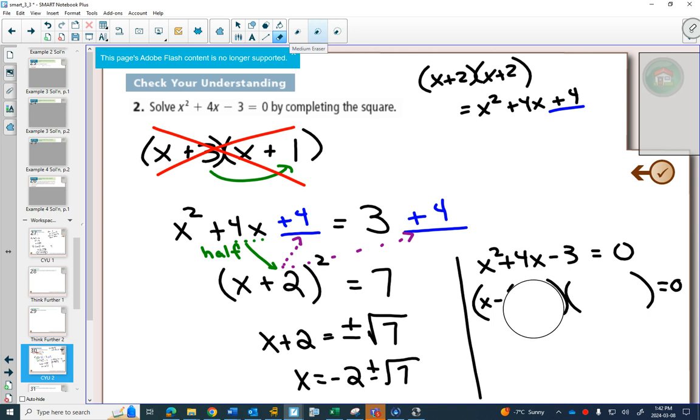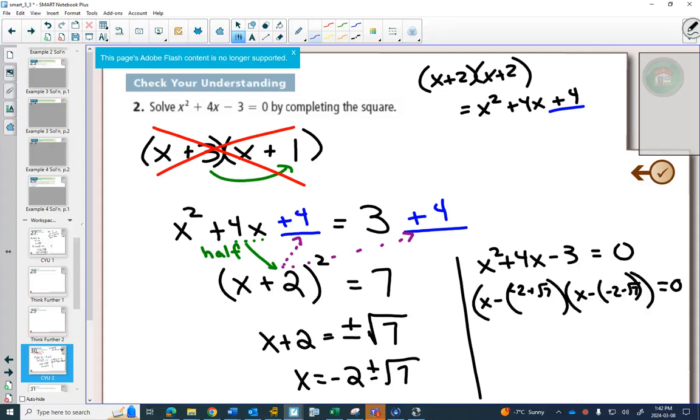Right? Let's just rewrite it. If I wanted this answer, I would have to have it be negative 2 plus root 7 there. And my other answer would be x minus negative 2 minus root 7. And if you multiply that all out, it works out perfectly to be x squared plus 4x minus 3.